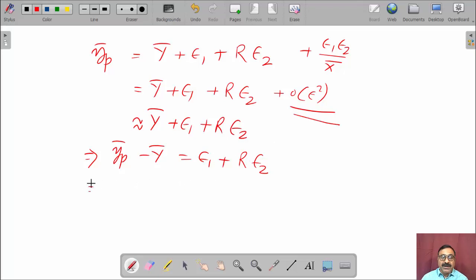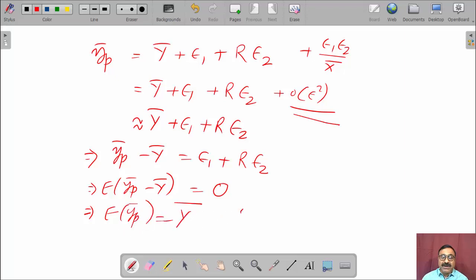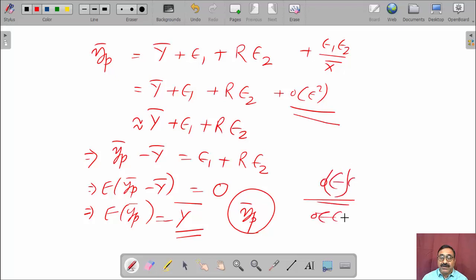If you take the expectation of yp bar minus y bar, that is equal to 0, that is, expectation of yp bar equals y bar. So the product estimator yp bar is an unbiased estimator of the population mean only up to first order of approximation, order of epsilon only.